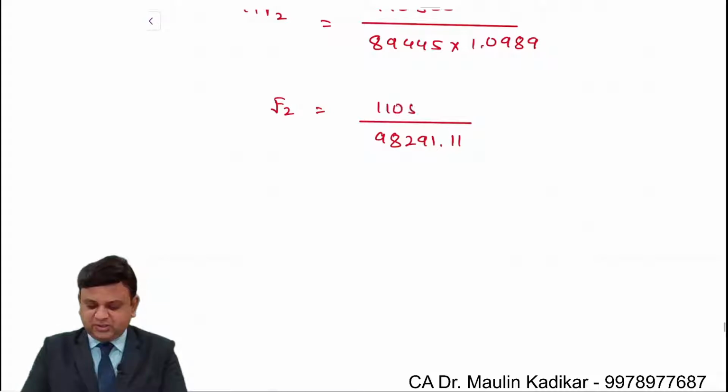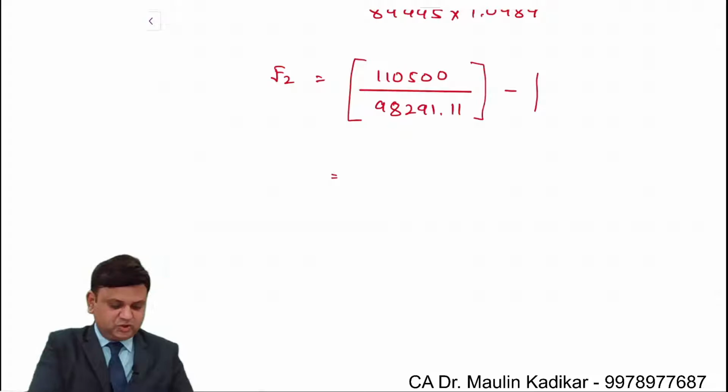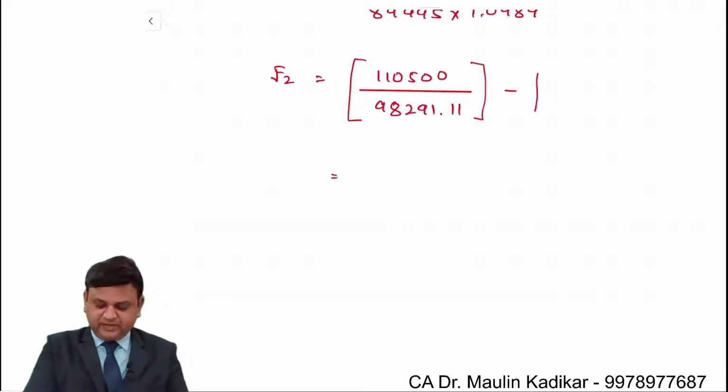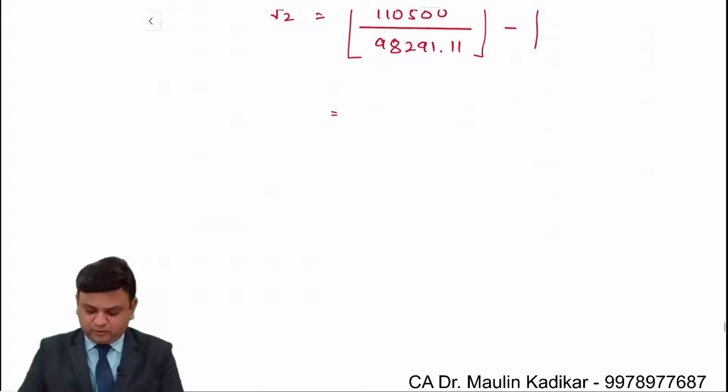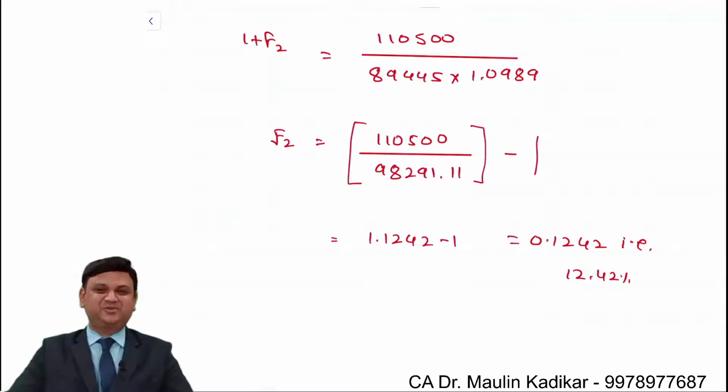The numerator is 1,10,500. Whatever answer we have, from that 1 will be deducted. So the final answer is 1,10,500 divided by 98,291.11, which is 1.1242 minus 1, 0.1242, that is 12.42%. This is the way the answer is supposed to be found.